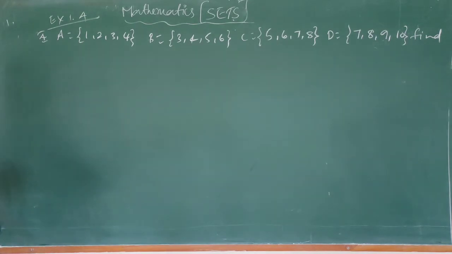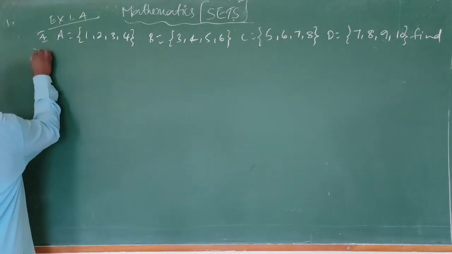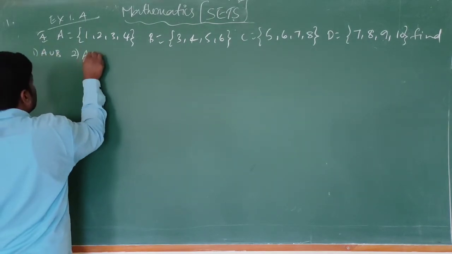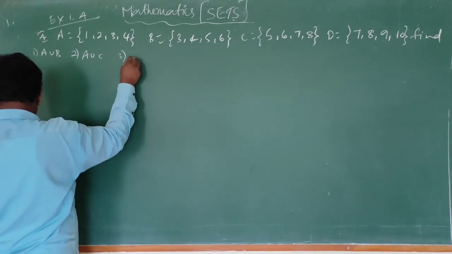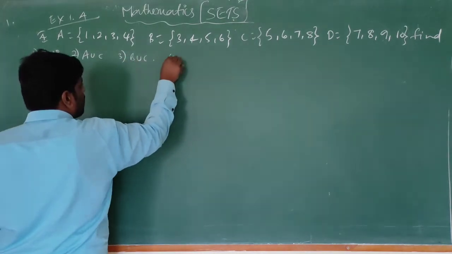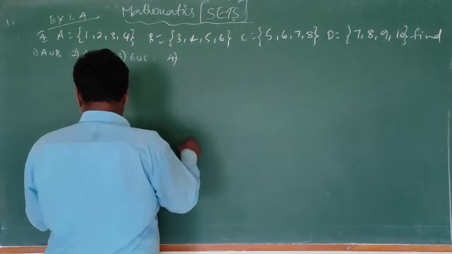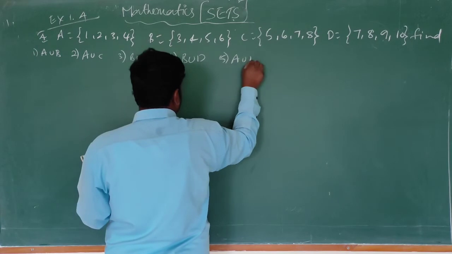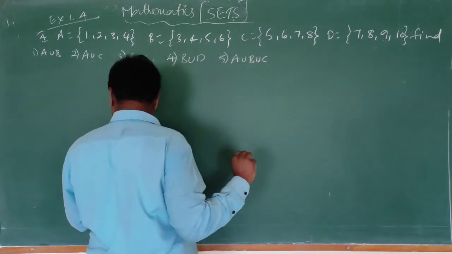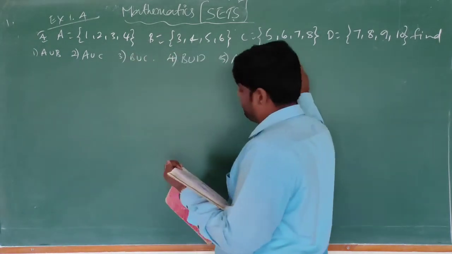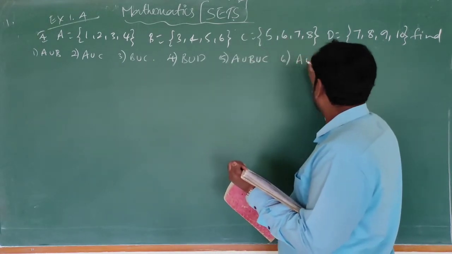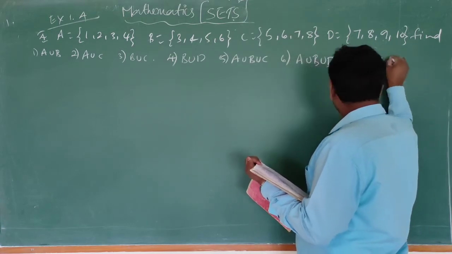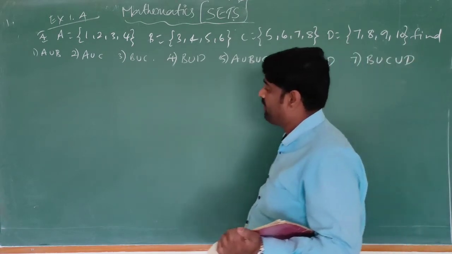First one, find A union B. Second one, A union C. Third one, B union C. Fourth one, B union D. Fifth one, A union B union C. Sixth one, A union B union D. Seventh one, B union C union D.